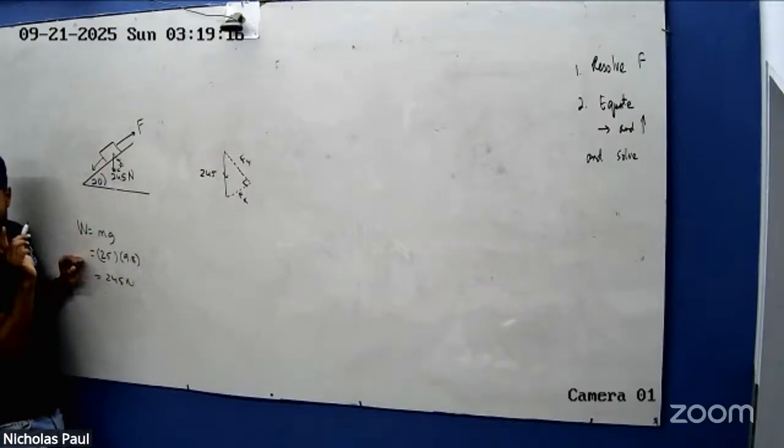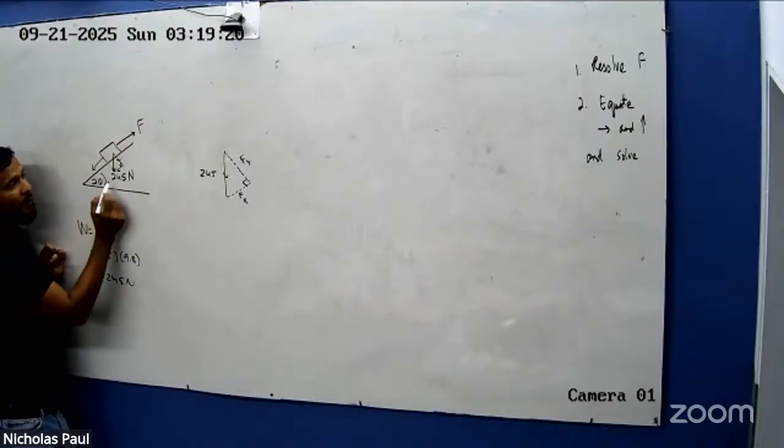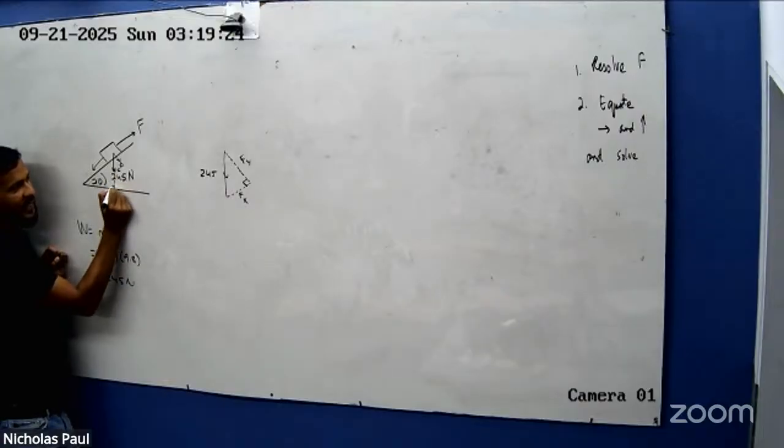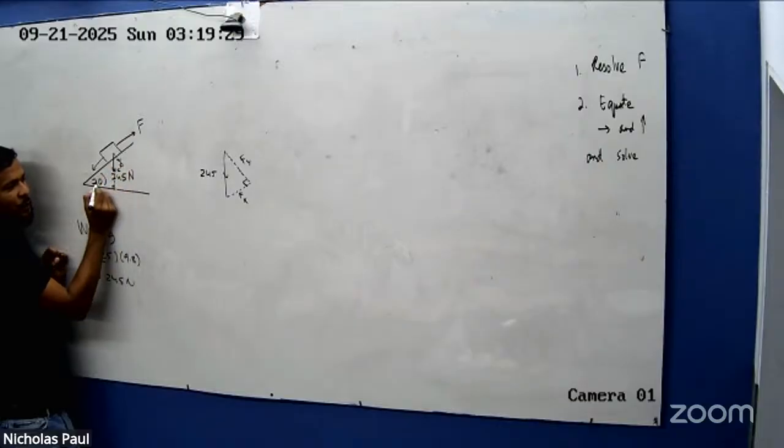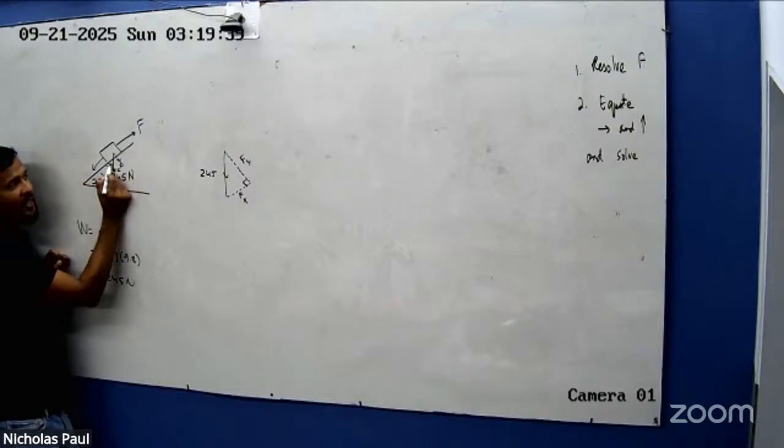Watch how easy it is. I just join a line down here. Here is 90, here is 20. So how much is here? Here is 70. If here is 70, how much is here?